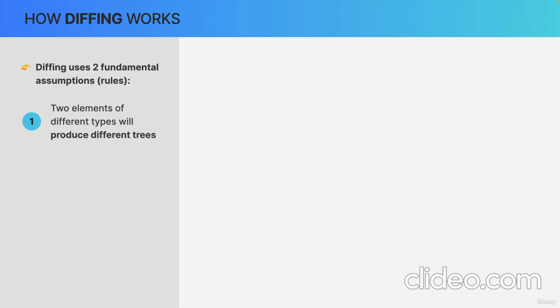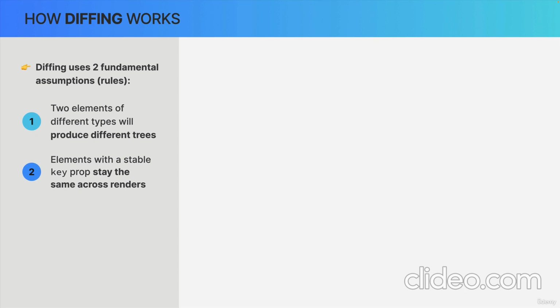So diffing is, first of all, based on two fundamental assumptions. The first one is that two elements of different types will produce different trees. The second assumption is that elements with a stable key, so a key that is consistent over time, will stay the same across renders.